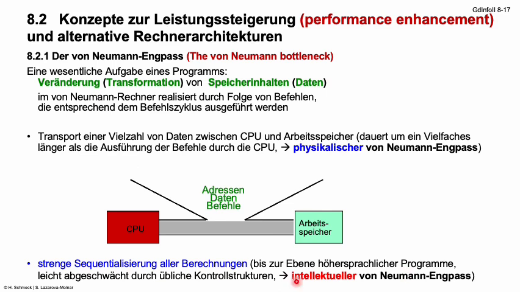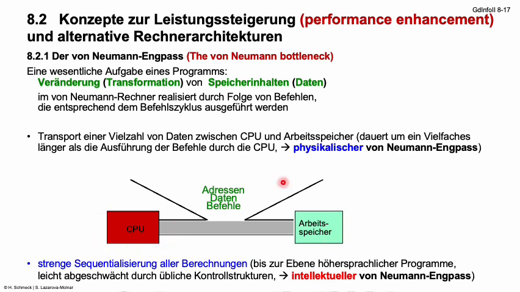We also have an intellectual von Neumann bottleneck, which arises from the strong sequentialization of the commands. So the commands have to be processed in a sequential way, and this creates another bottleneck because, in general, if we can parallelize some of the things, then we can probably improve this.